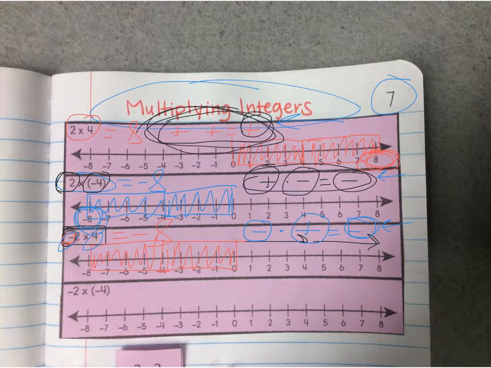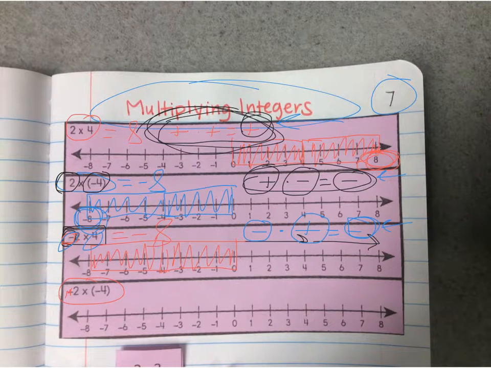The last problem we're going to do is negative 2 times negative 4. If I block off this negative sign right here, I want two groups of 4.